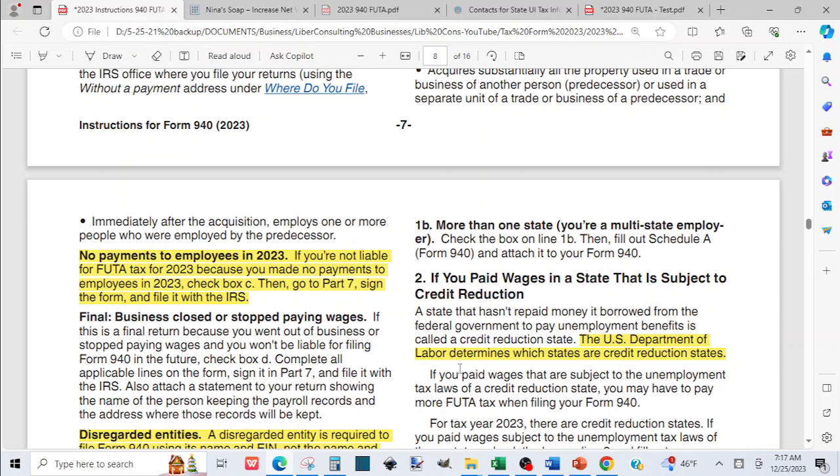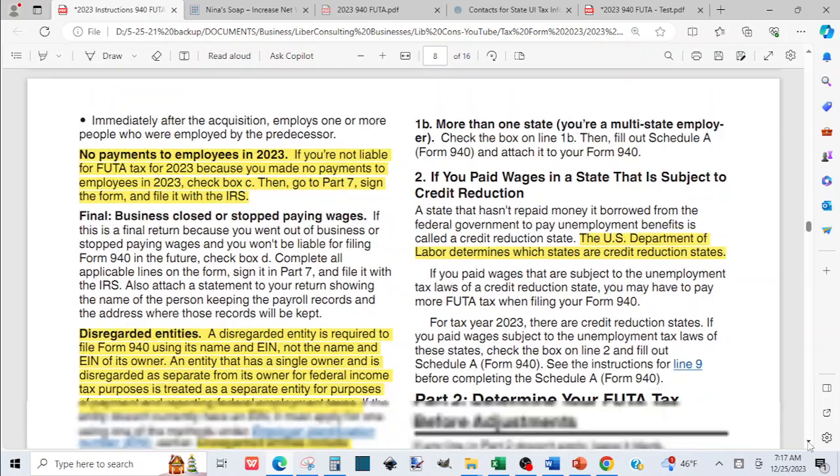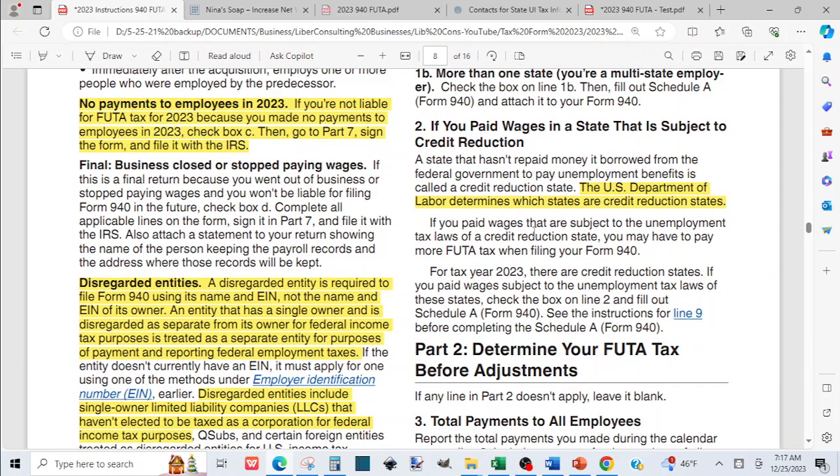The U.S. Department of Labor determines which states are credit reduction states. And if you pay wages that are subject to the unemployment tax law of a credit reduction state, you may have to pay more FUTA tax when filing your Form 940.